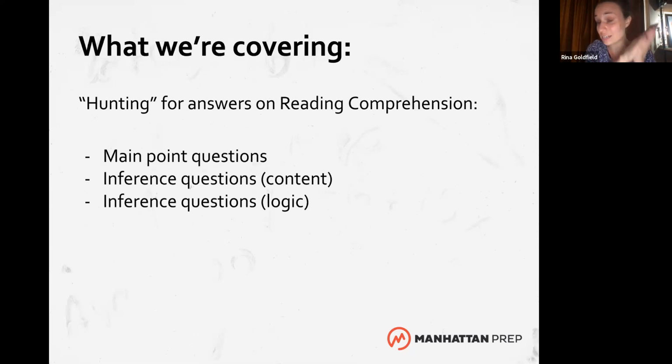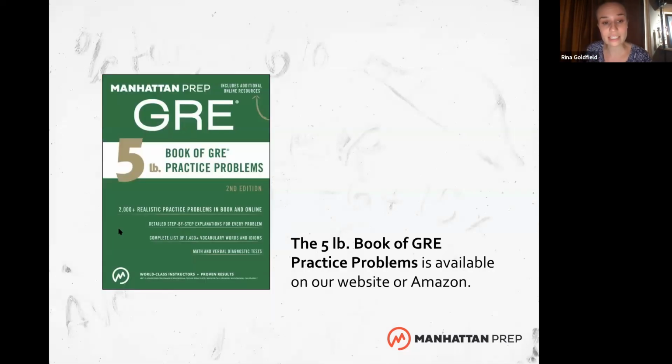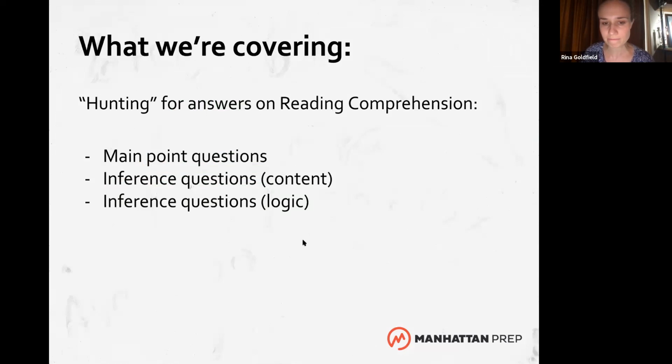Inference questions that relate to content passages, the more academic passages that make up the bulk of the verbal section, and the logic passages, which are more real-world scenarios, and you'll have one or two per section. All of the questions that we're going to see today are from the 5-pound book of practice problems, a Manhattan Prep book that you can also order online, which is actually 6 pounds. It's a really large book. That's where all these questions are coming from today, and it has tons of great practice questions if you want additional practice in your studies.